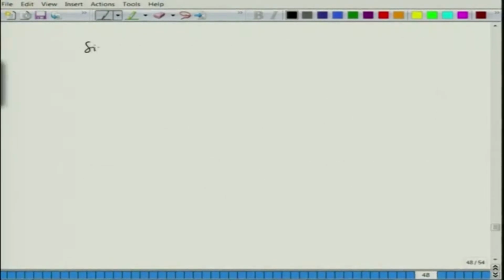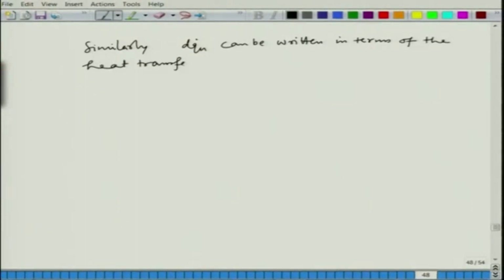Now, similarly, the dQ naught can be written in terms of the heat transfer rate from the receiver tube to the fluid.